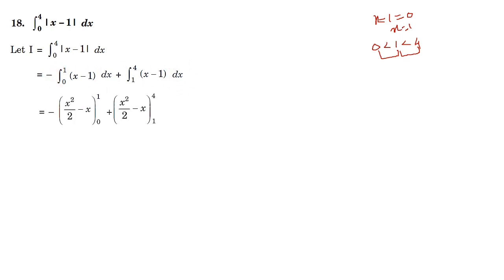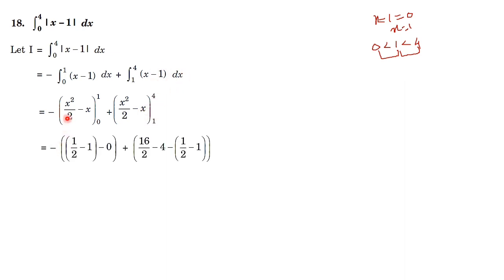Then minus of, this is quite a standard form for us, we can do the integration. So integral x dx is x square by 2 minus integral 1 dx is x, then apply the limit, plus here also integral of x dx is x square by 2 minus integral 1 dx is x, apply the limit.